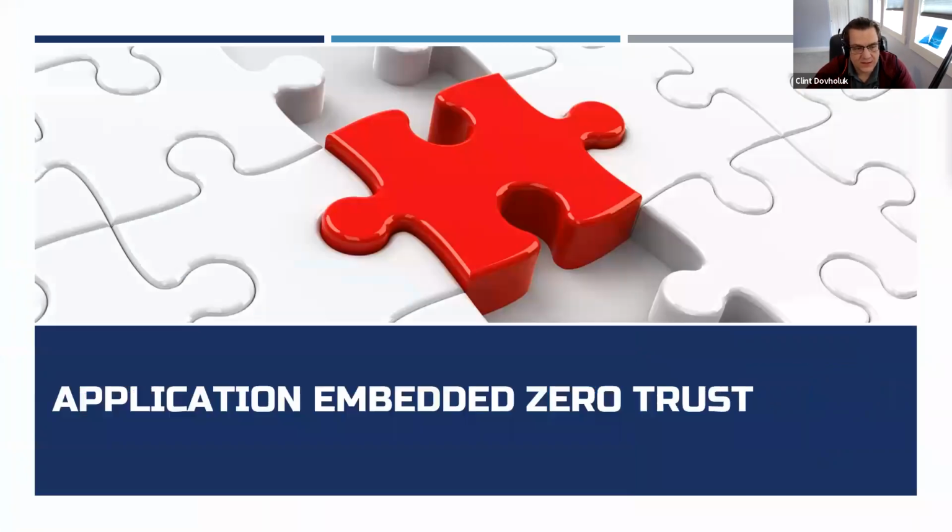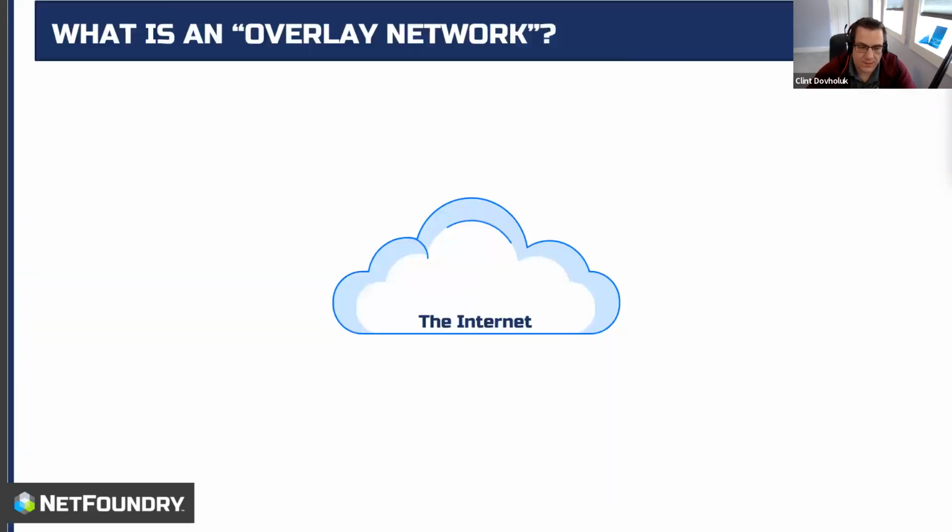Okay, so application embedded zero trust. What does that mean? Well, before we can talk about application embedded zero trust, you'll hear me use a word called the overlay. As we just learned, every network is basically susceptible, and that's a core principle of zero trust. It's probably the fundamental principle, which is trust no networks.